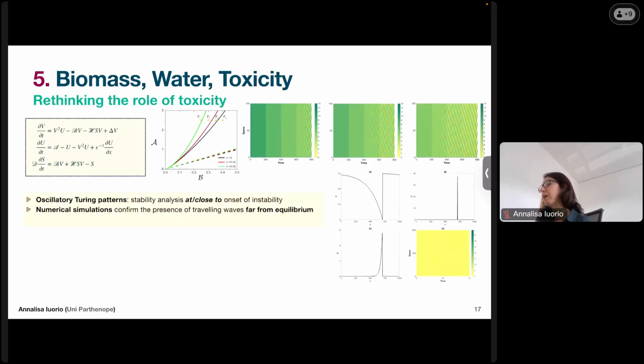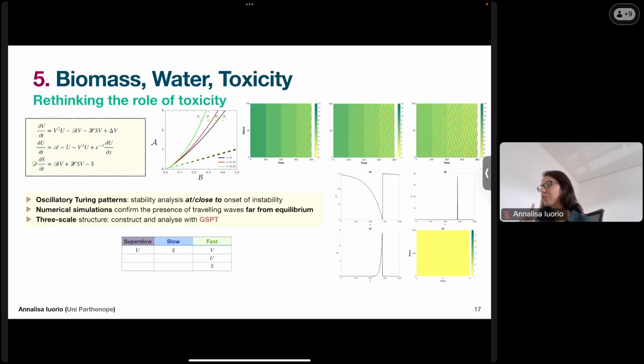But you also see that numerically you have these very singular traveling pulses emerging, again divided into the three components. Let's say the non-dimensional version of the water is the upper left, the non-dimensional version of the vegetation is the upper right, and the non-dimensional version of toxicity is the lower left. So very singular in this case.